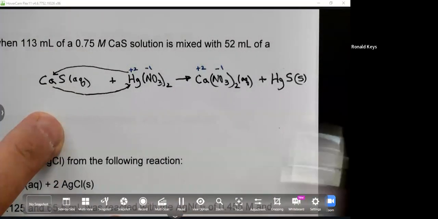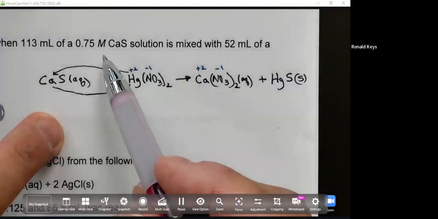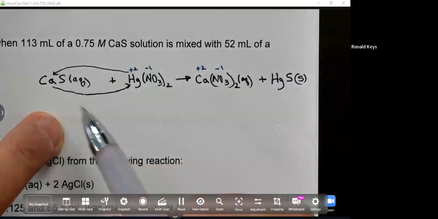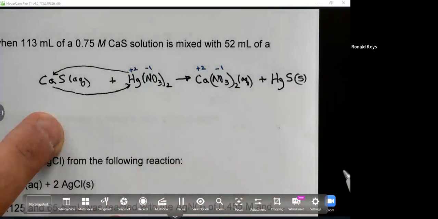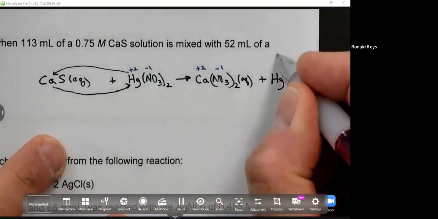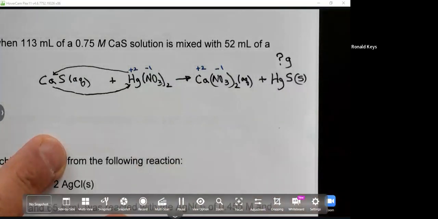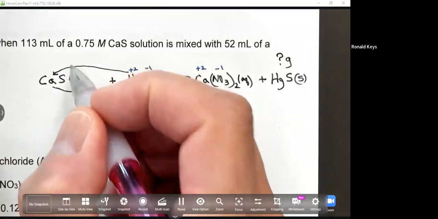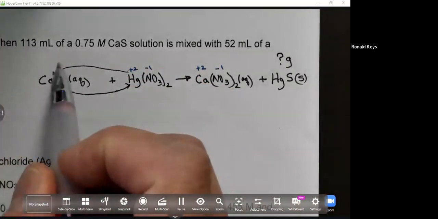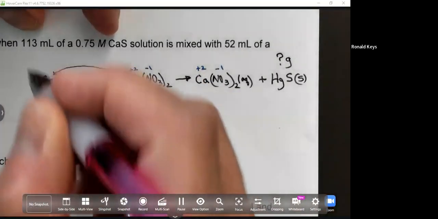Again, this is a limiting problem, but the nice thing about using milliliters and molarity is you don't need your periodic table. Eventually, we're going to need it, because we have this final answer here in grams. So let's see what we've got here. We have 113 milliliters.